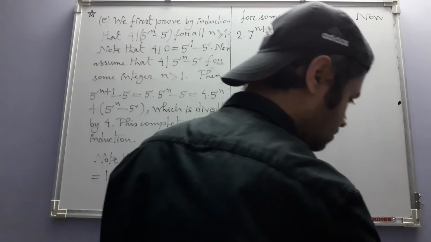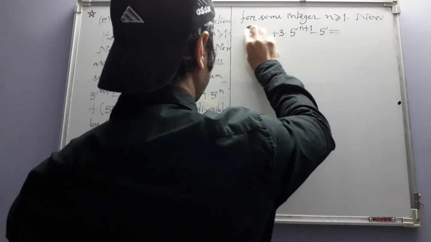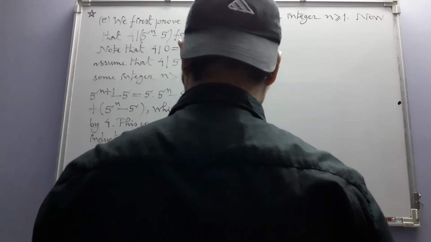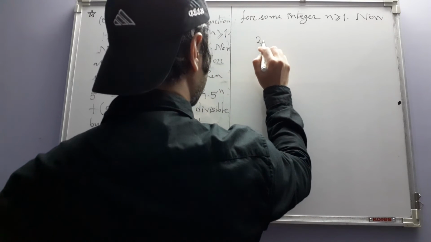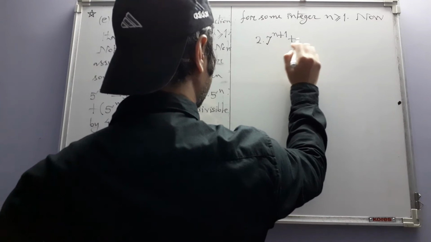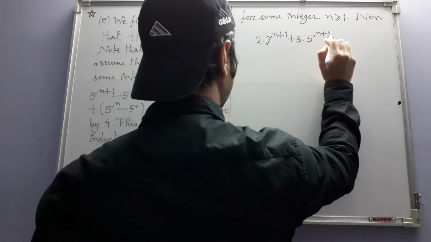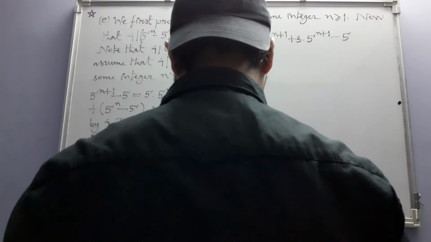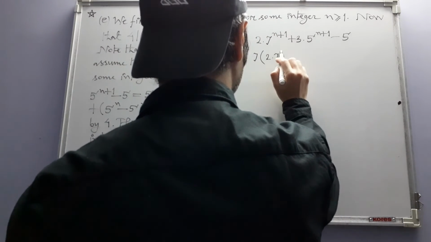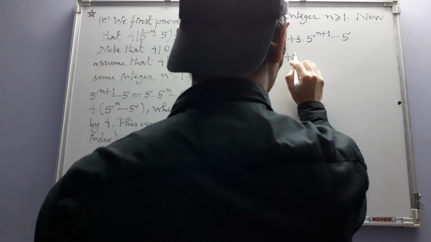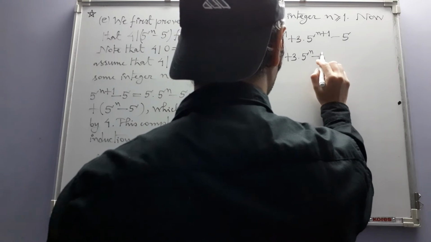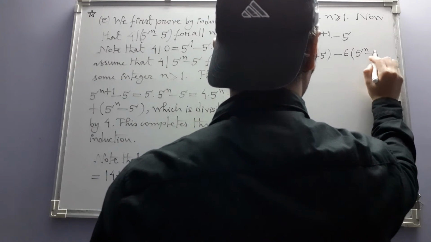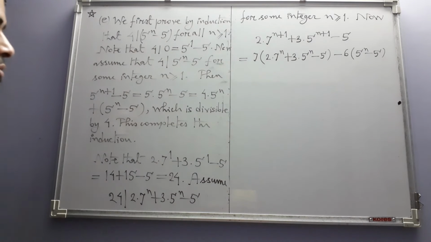This is equal to 2 times 7 to the power n plus 1 plus 3 times 5 to the power n plus 1 minus 5, and this can be written as 7 times 2 times 7 to the power n plus 3 times 5 to the power n minus 5 minus 6 times 5 to the power n minus 5.